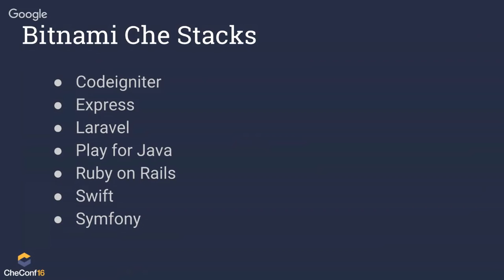Today I mostly want to talk about how Eclipse Che and Bitnami stacks sit together really nicely with each other, and how they complement each other well, and what's available pretty easily if you start using them.